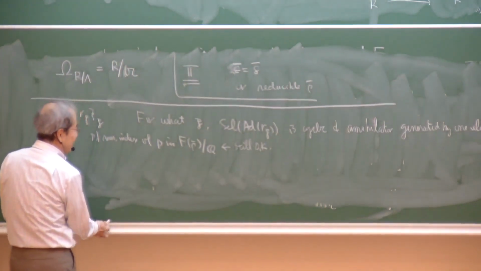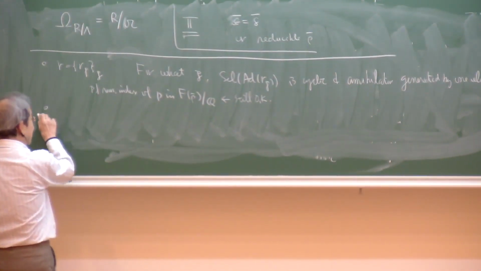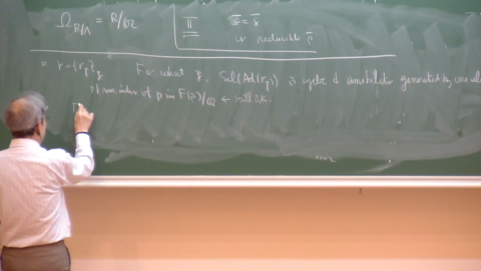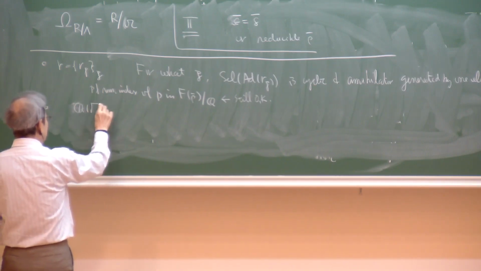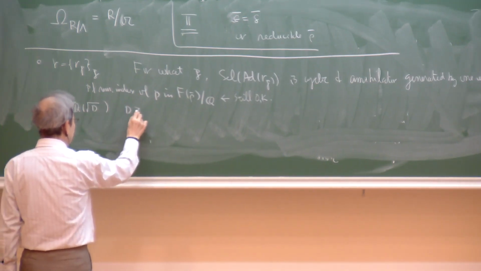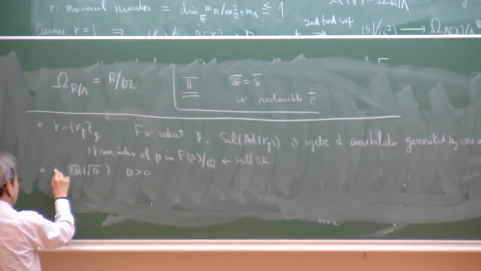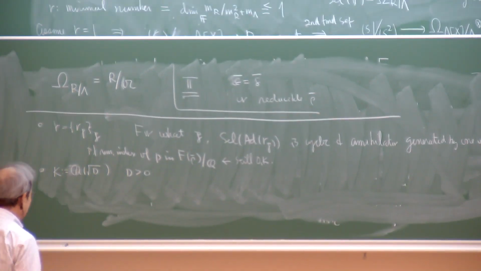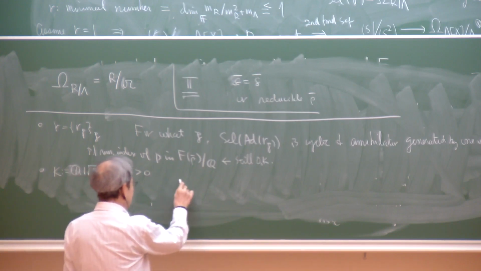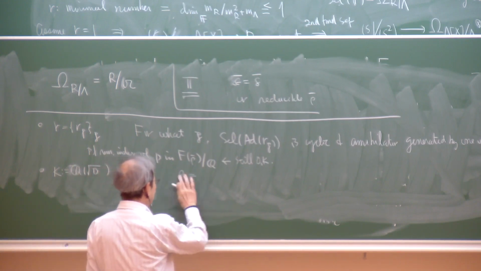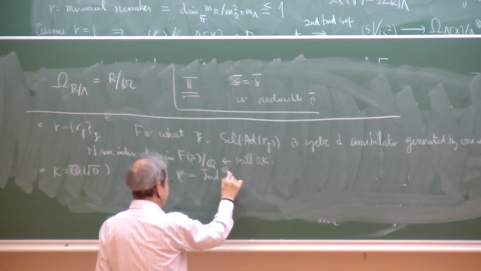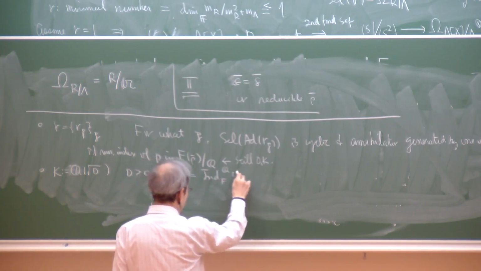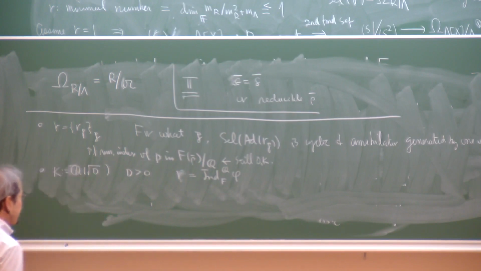And second thing is that, as I said, when F is, you start with Q square root of D, now D positive, and I call it, say, K, then you start from the Artin representation rho induced from K to Q of phi kind of thing.